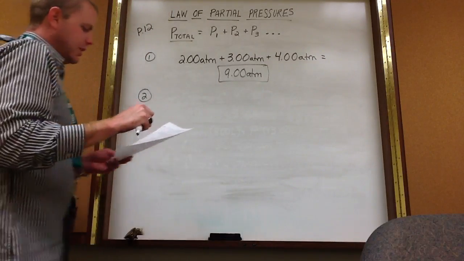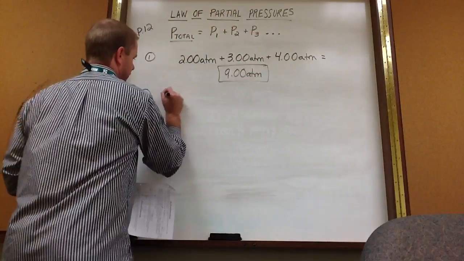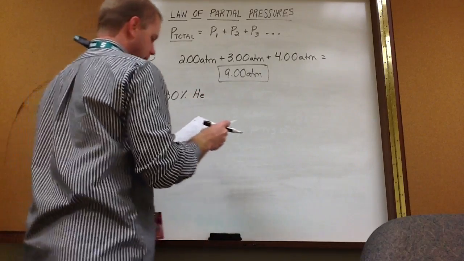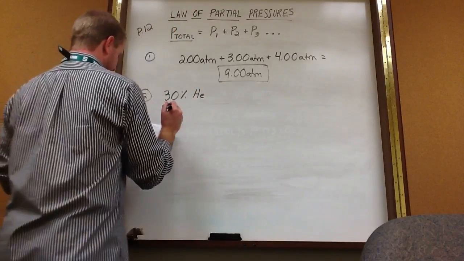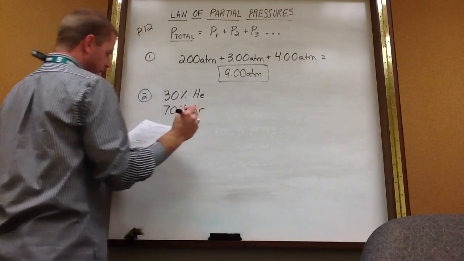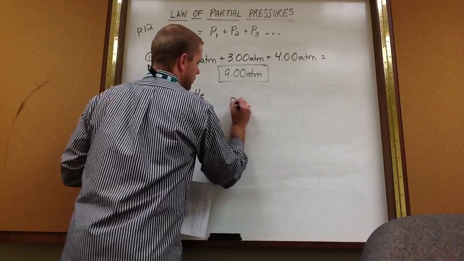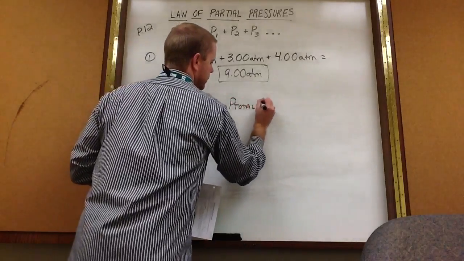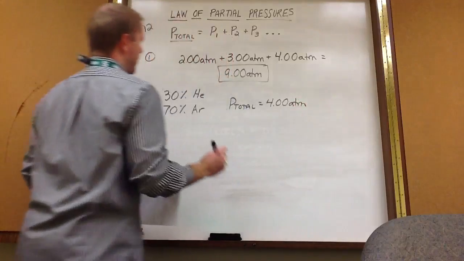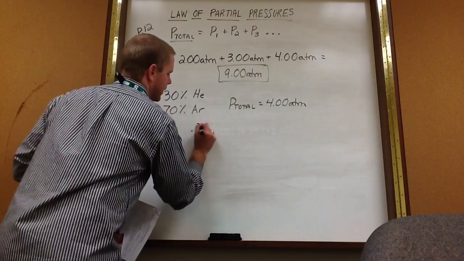A container has 2 gases, helium and argon, and 30% of it is helium. Okay. Well, that means 70% of it is argon. You are told that the P total is 4.00 atms. Well, this is just like the problem I did in number 3 above. 30% as a decimal would be 0.30.